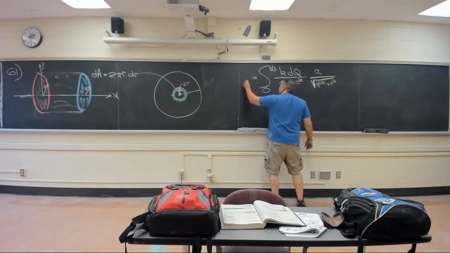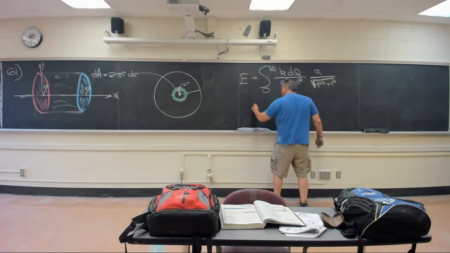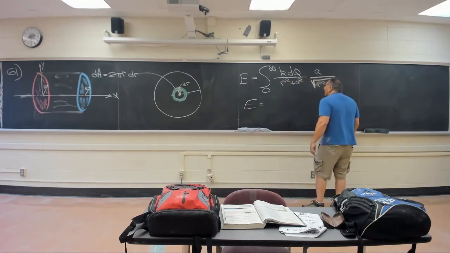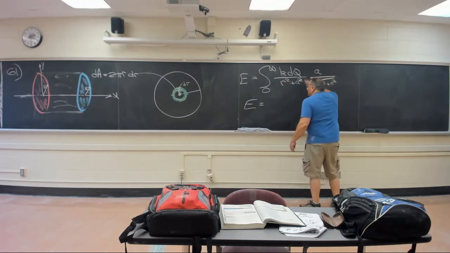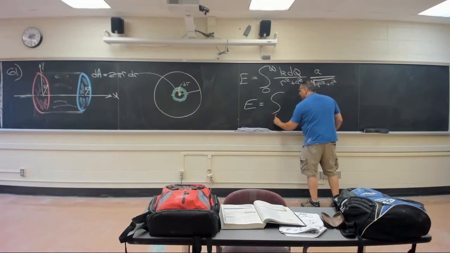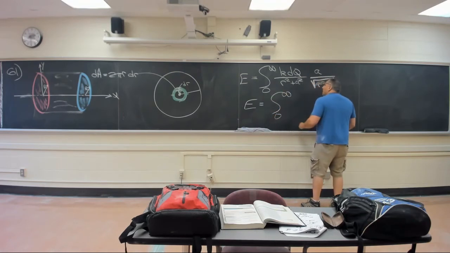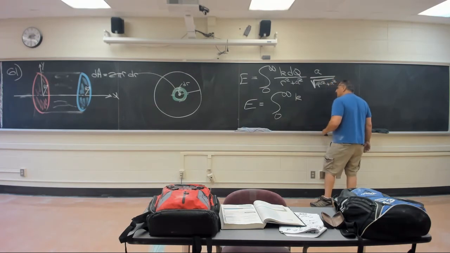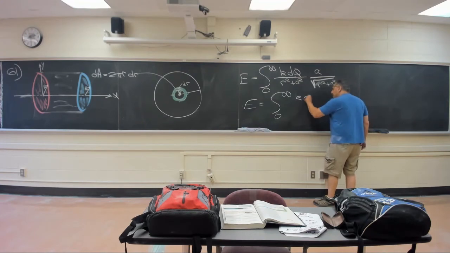We're going to find the E field. We're not going to get overly concerned about it. We're just going to say this. Didn't we say dq is sigma times 2 pi r dr?